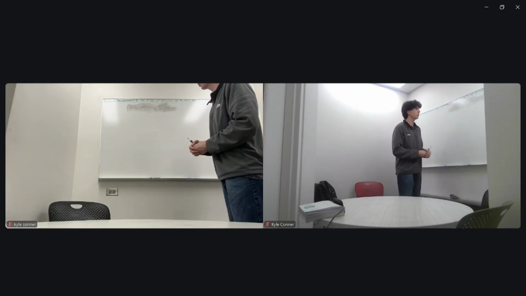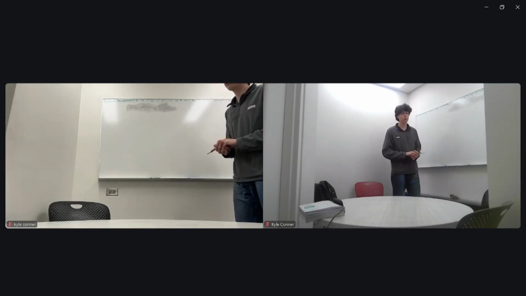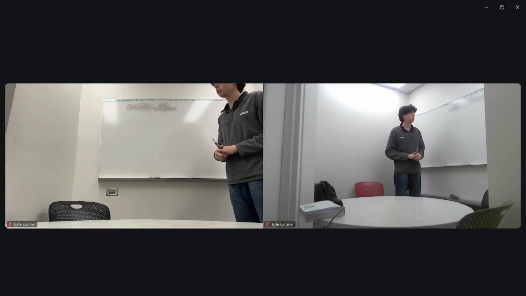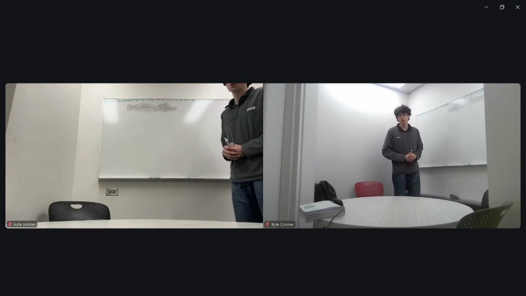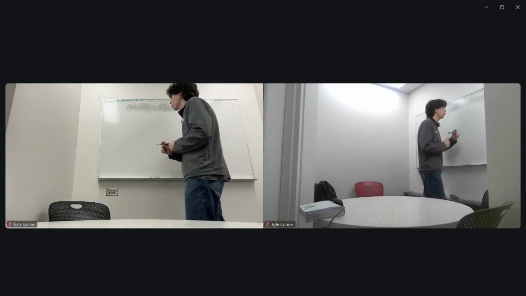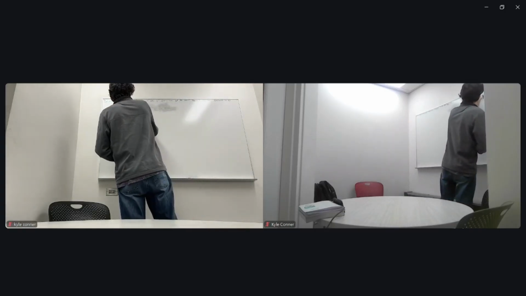Hello everyone, so today we're going to be determining the expression for the first and second derivatives of the total thermal resistance that we just obtained in the last portion of this video. So first remind ourselves, what is our total?